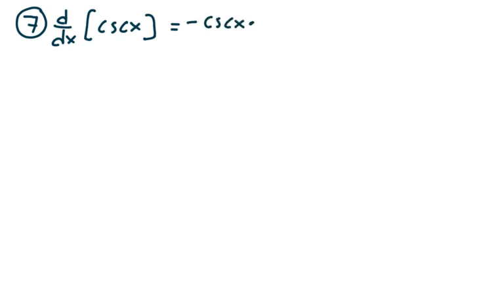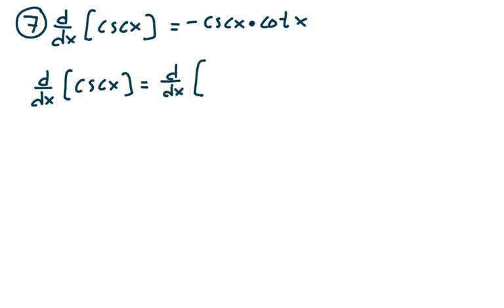Let's take a look at 7, interestingly. Suppose I want the derivative of cosecant x. This is negative cosecant x multiplied by cotangent x. And the interesting thing here is I'm going to write cosecant x as 1 over sine of x.